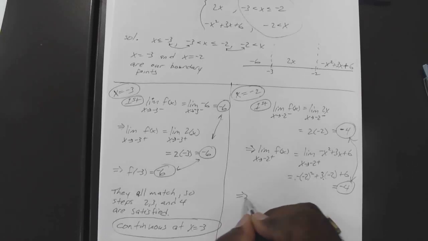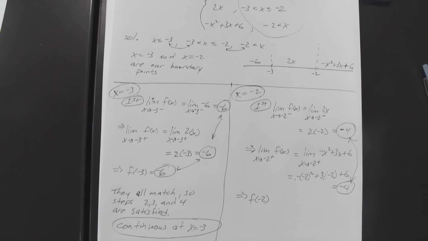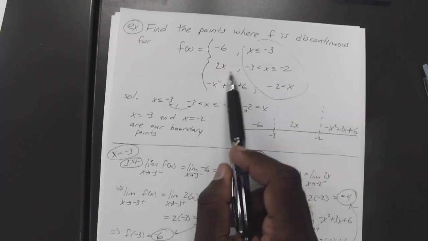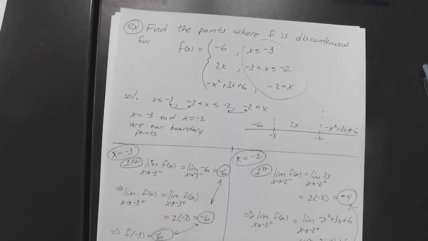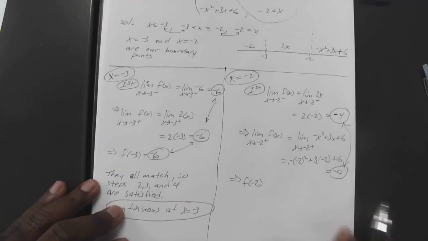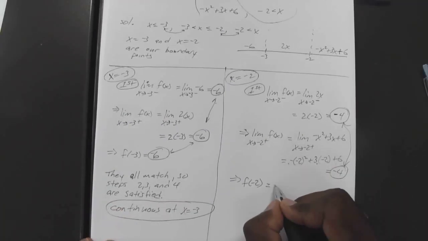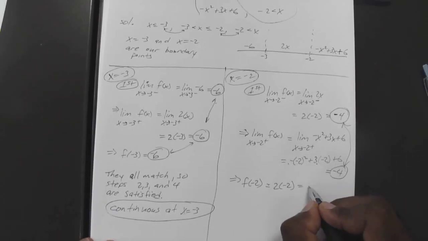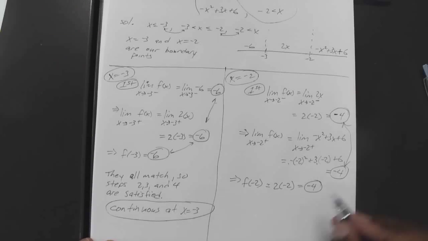And now we just find our f of -2. Okay, so f of -2, we look for that less than or equal to -2. So that means 2x is the f of x we're going to use. So that would be 2 times -2, which is -4.